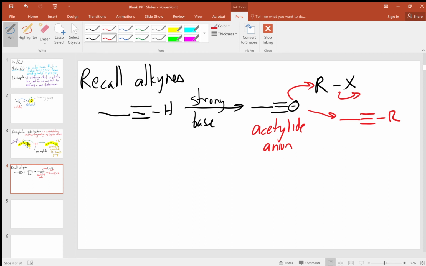So while we didn't truly get into it at that point, this was in fact an example of a nucleophilic substitution reaction. We had a nucleophile attacking an electrophile, which triggered a substitution reaction.